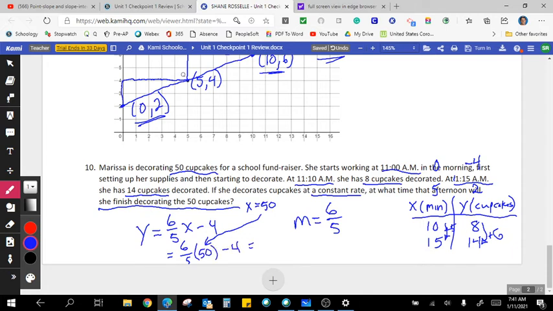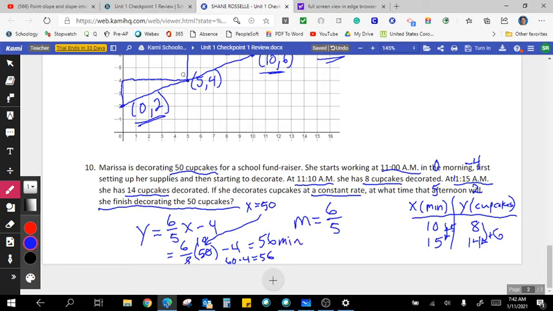So top and bottom, 5 goes into 50 10 times. 6 times 10 is 60. So 60 minus 4 equals 56. So 56 is what? 56 minutes.